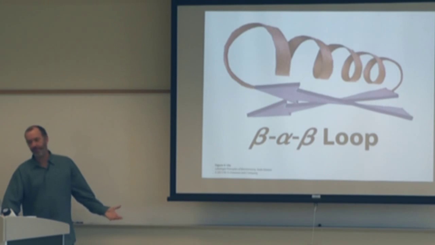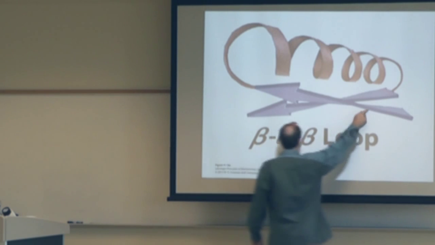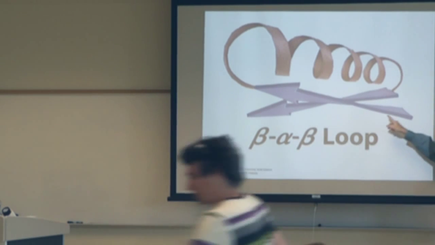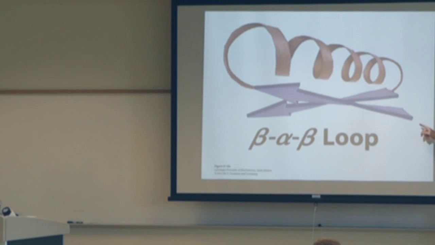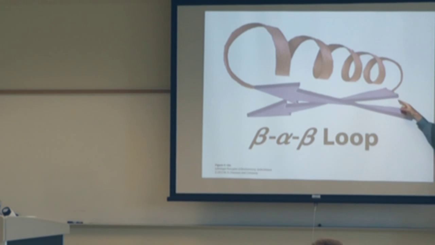One example is this beta alpha beta loop, where you have, what kind of beta sheets are these? Parallel, yeah. So these are parallel beta sheets, and you need something to connect them, which gives you that alpha helix, right?